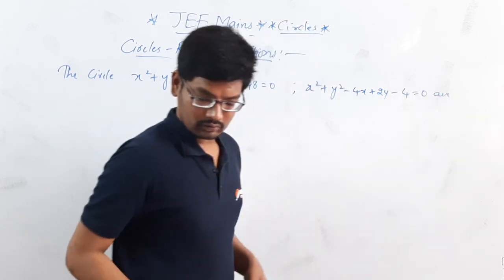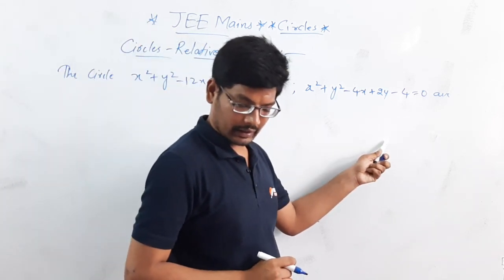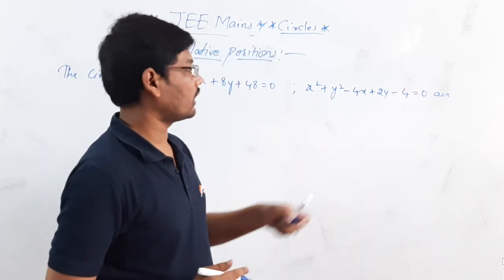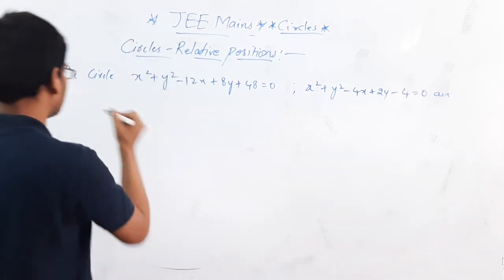Options are given: intersecting, not intersecting, touching internally, and one lying on the other side. This is question number 66 here.